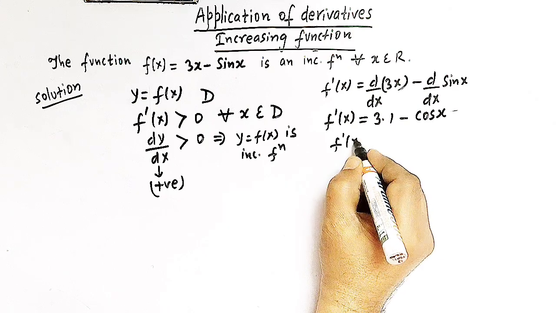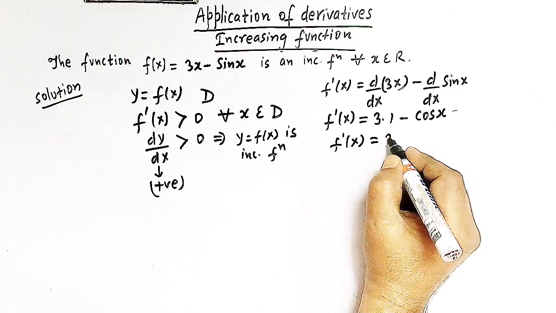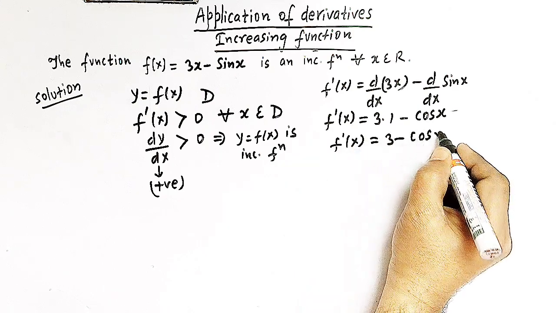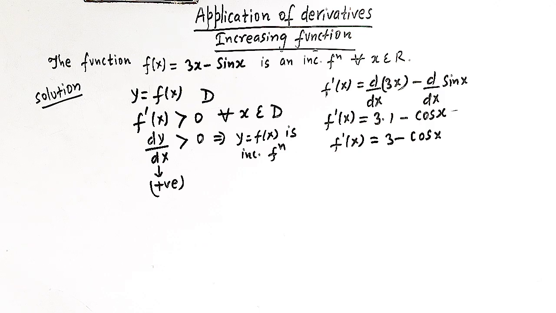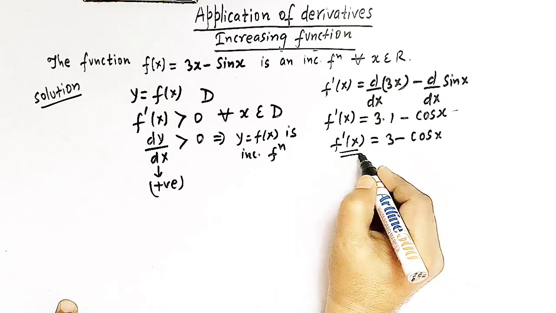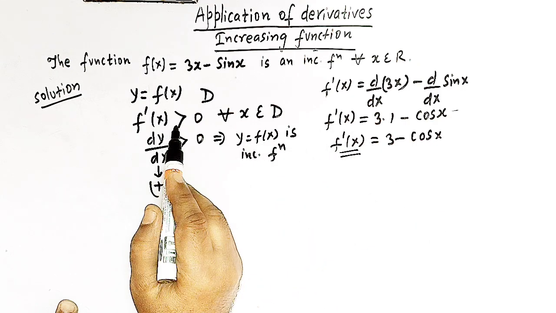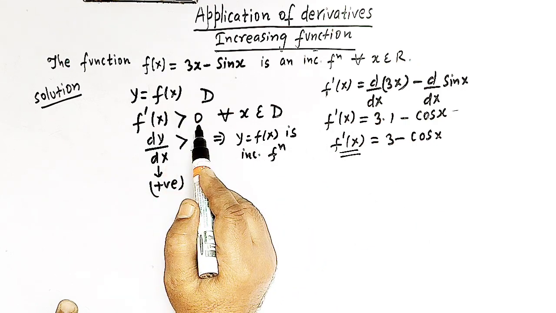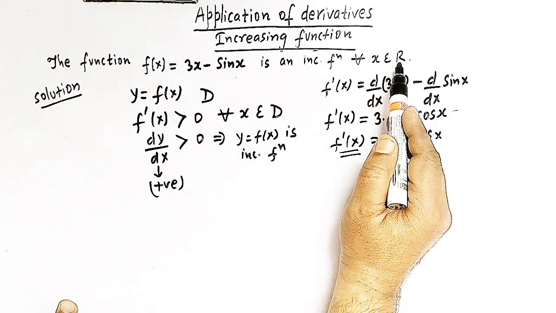So f prime of x is now equal to 3 minus cosine x. So now we have to show that this derivative is always a positive quantity for all x belonging to R.